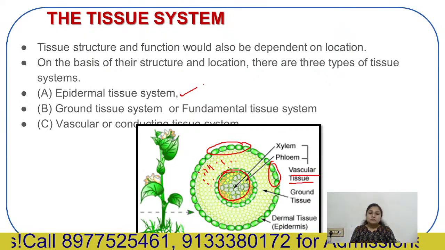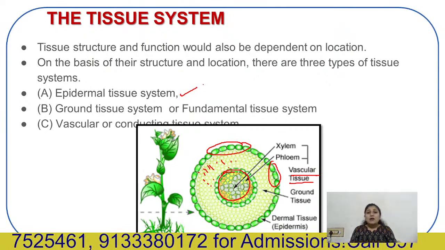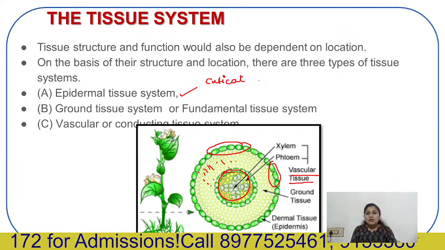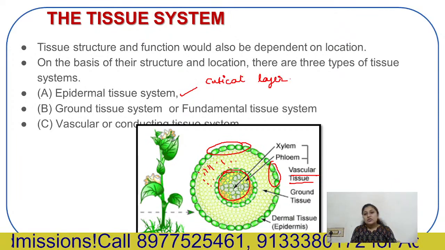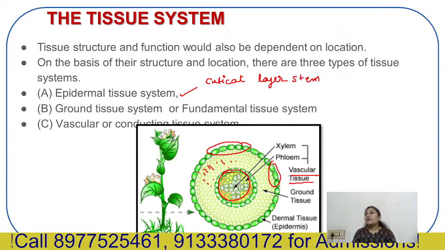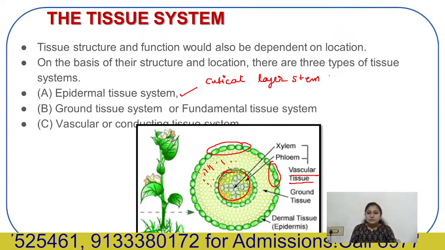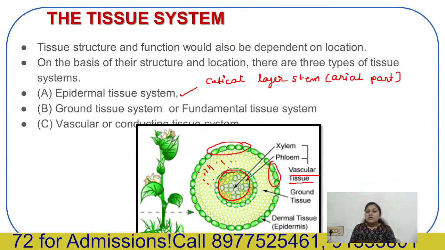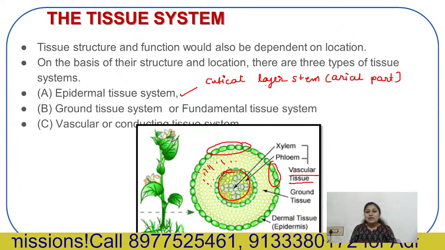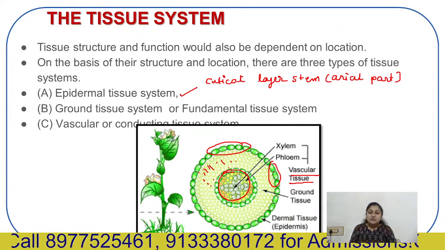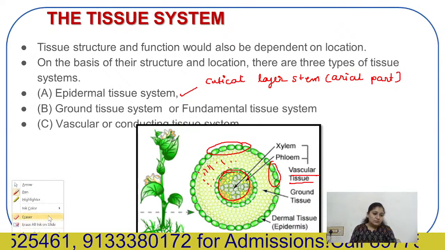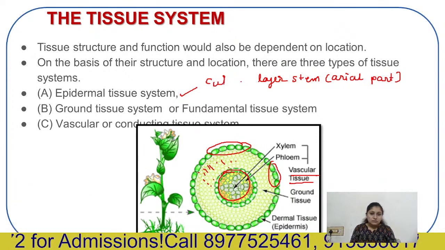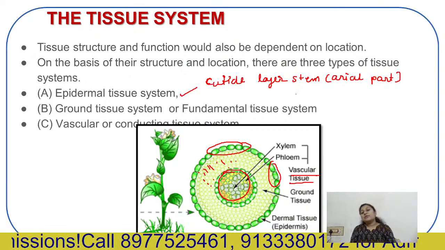Epidermal tissue involves the presence of a cuticle layer in the case of all the aerial parts of the plant, but the epidermal layer of the root does not have a cuticle layer.